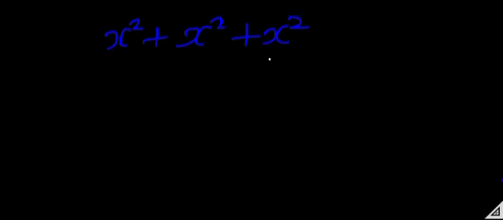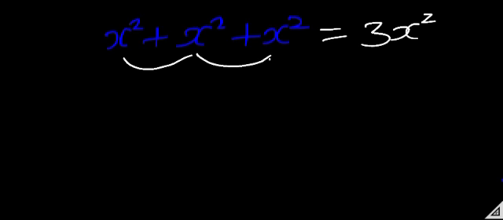So on the literal sense, we have x squared here, this is 1. We have another x squared here that is the same thing as this x squared, so they are now 2, right? We now have another x squared here that is the same thing as this. They are now 3 altogether, so the answer here is equal to 3x squared. The same thing like we do before.